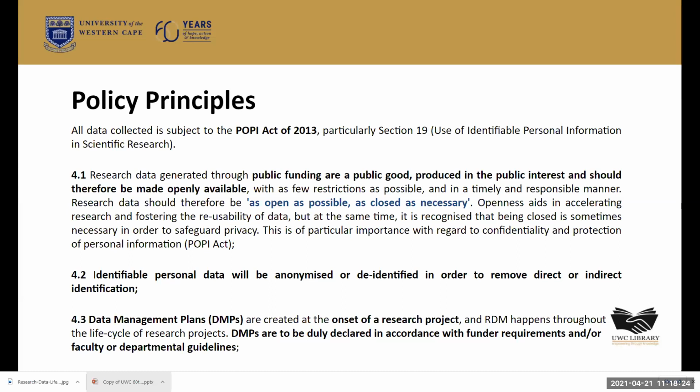So identifiable personal data, the second part, needs to be anonymized and de-identified in order to remove direct or indirect identification. As far as identifying personal data is concerned, while it is common for health sciences to work with anonymous data, one of the problems that we have is that it is not only the health sciences where data needs to be kept anonymous.